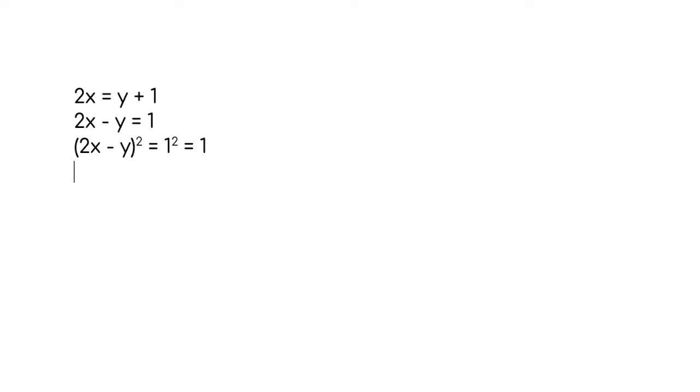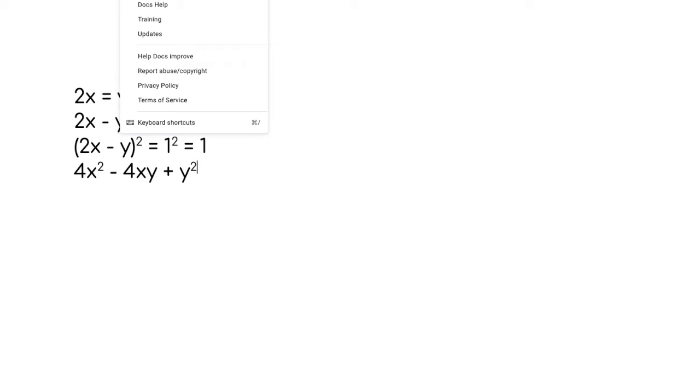And if we expand out the left side, that's just equal to 4x squared minus 4xy plus y squared, and that is going to be equal to 1 as before.